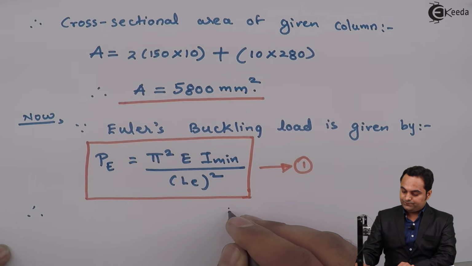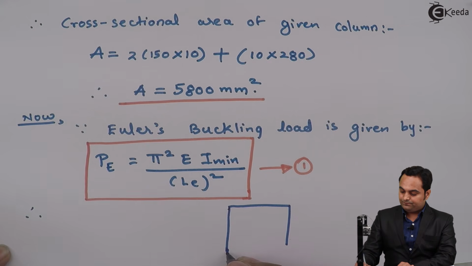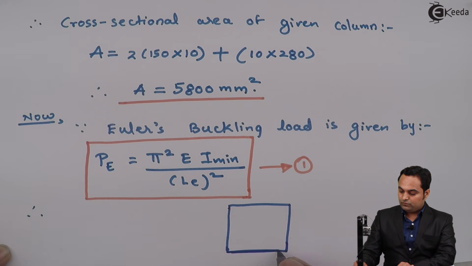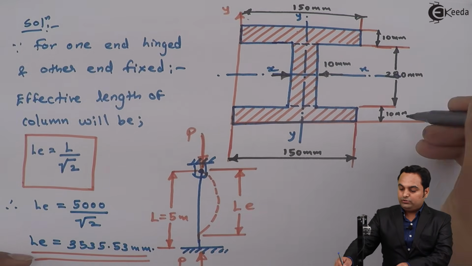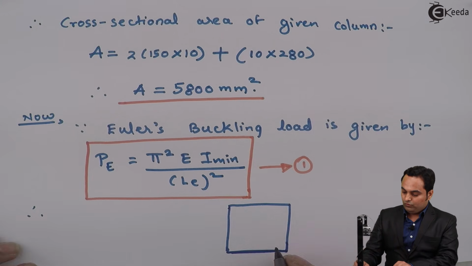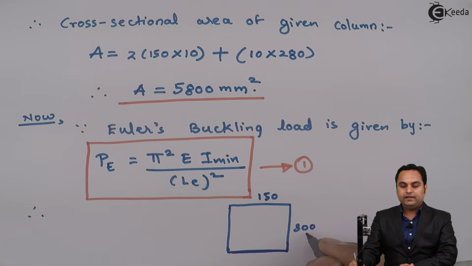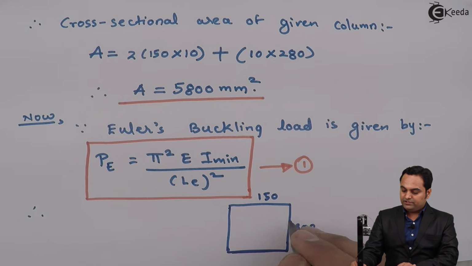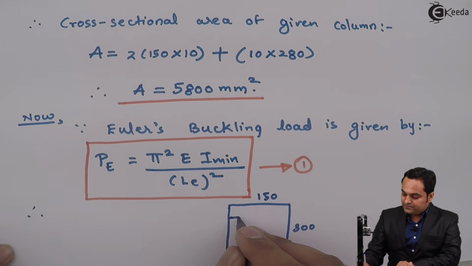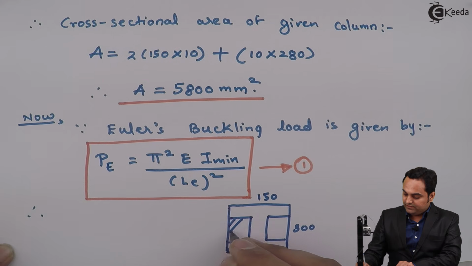First, I'll say that we have a complete rectangle which has a width of 150 and a total depth of 300. So 150 and 300, this will be B and D values. First we'll calculate the moment of inertia of this, and from this rectangle we will subtract two small rectangles, the rectangle here and the rectangle here.